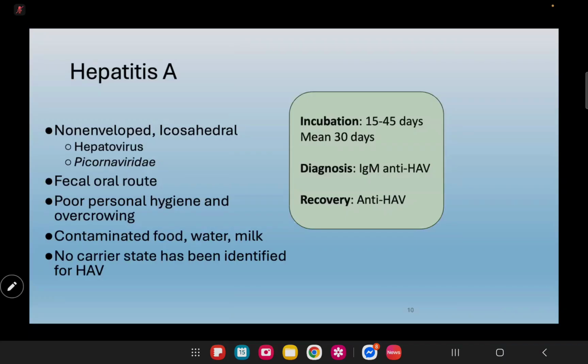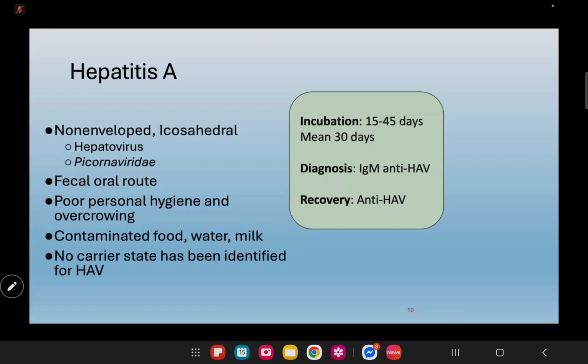The incubation period of hepatitis A is 15 to 45 days with a mean of about 30 days. Diagnosis is confirmed by IgM anti-HAV antibodies, while anti-HAV IgG indicates a past infection or recovery. In hepatitis A, most cases result in full recovery without sequelae.